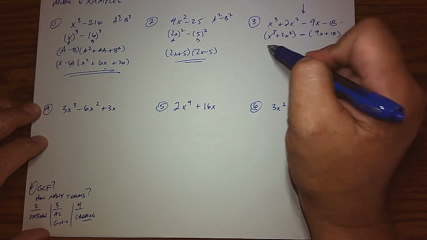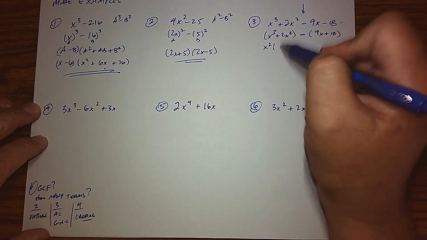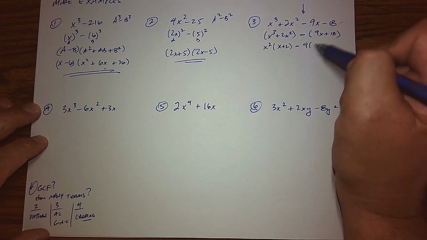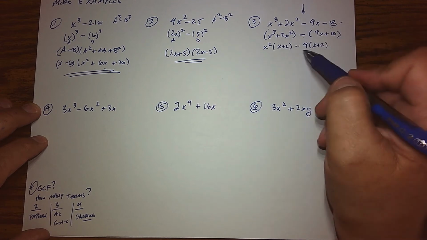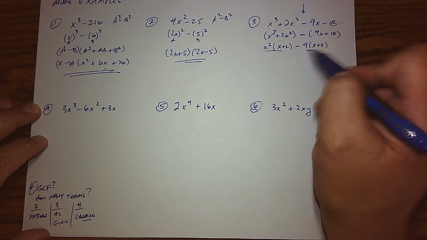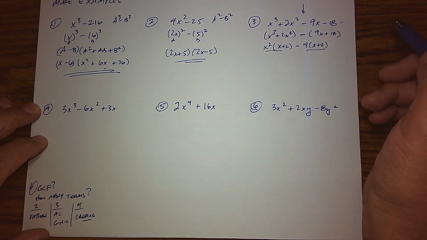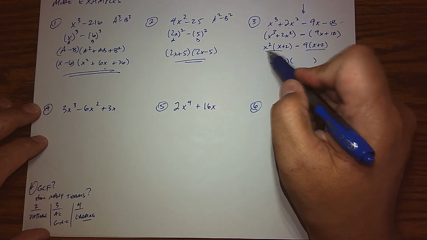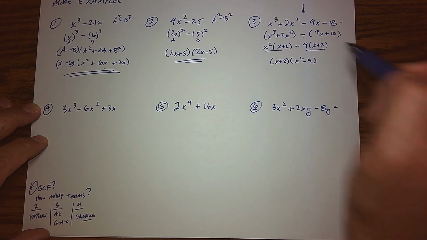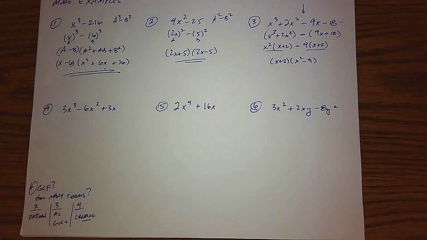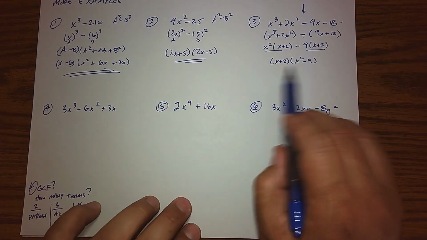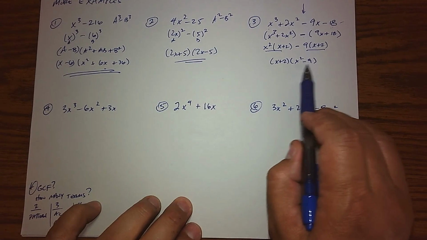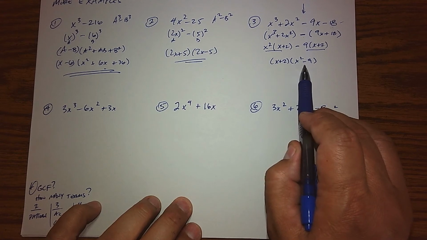GCF question, well, on the front end it's x squared. We're left with x plus 2. On the back end it's 9, and we're left with x plus 2. Again, there's my minus sign, and to its left and its right, I see a common factor of x plus 2. What's left behind? X squared minus 9. Okay, and so good news is we've factored. It's broken up into a product. The bad news is that guy looks pretty familiar. This one can be factored even more.